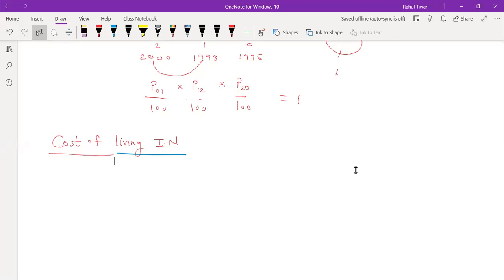It indicates percentage increase or decrease in the amount required to purchase certain commodities in a given year.